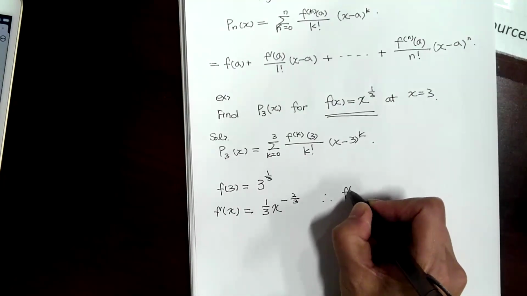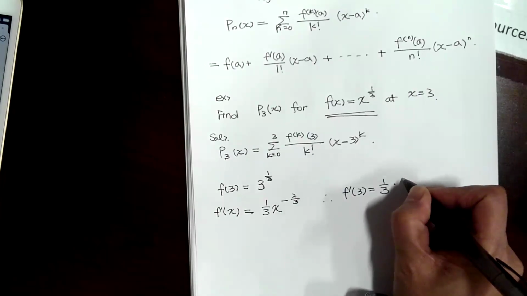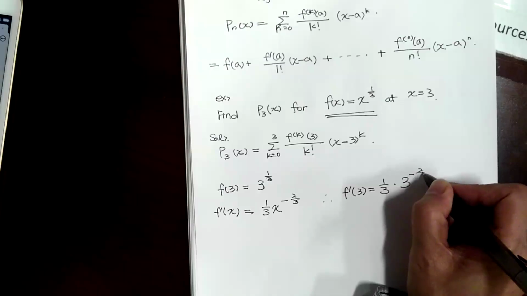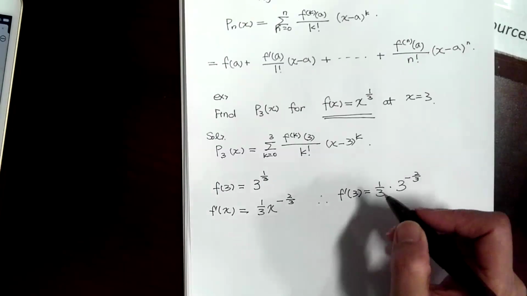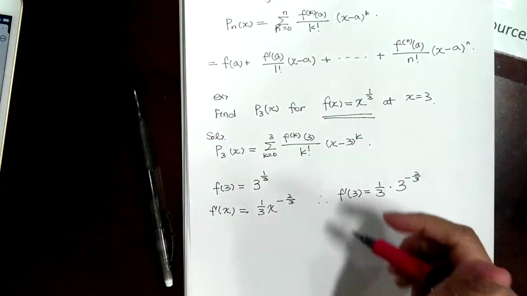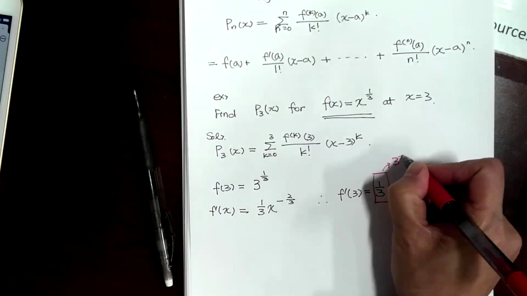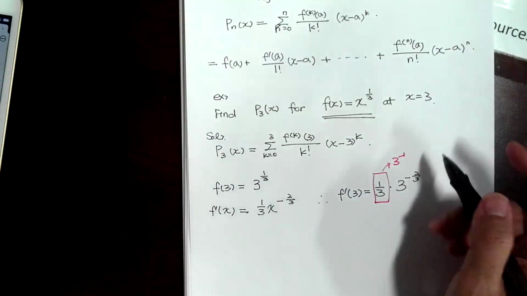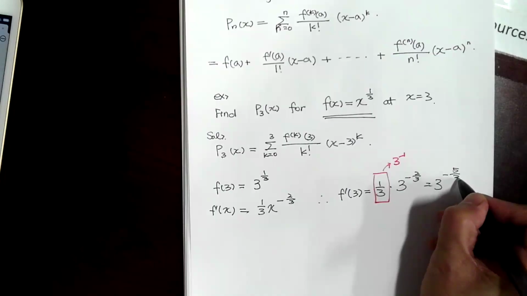So f prime at 3 equals 1/3 times 3 to the minus 2/3. What is this? This one is 3 to the minus 1 power. So that is 3 to the minus 5/3.